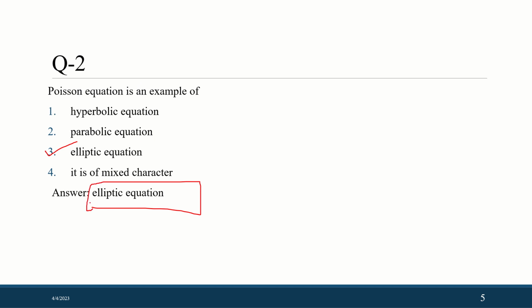This one we have seen a few classes before, how the equations are classified as hyperbolic, parabolic and elliptic, based on which the boundary conditions need to be specified for that specific problem. So Poisson equation is an example of elliptic equation.